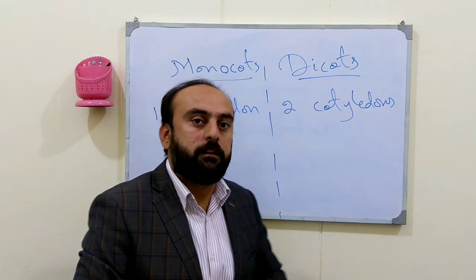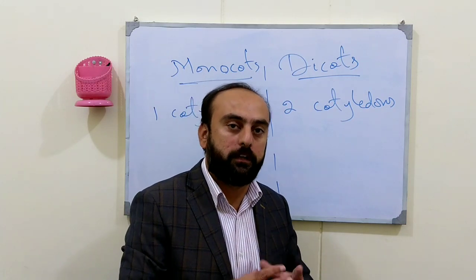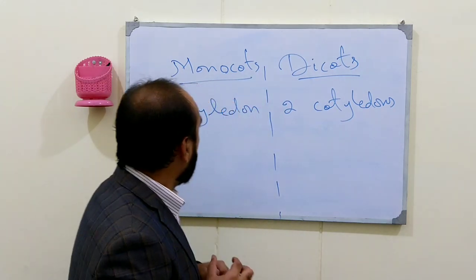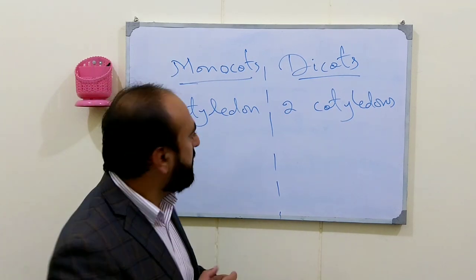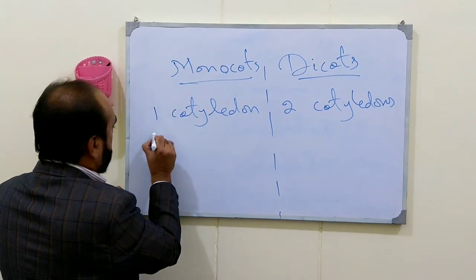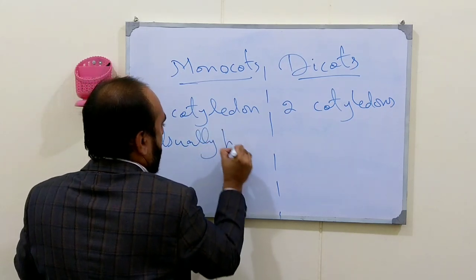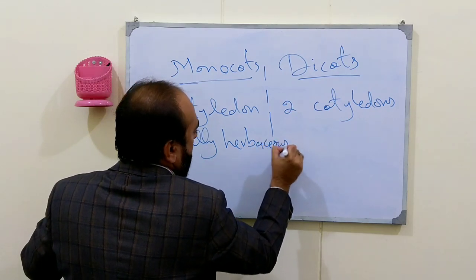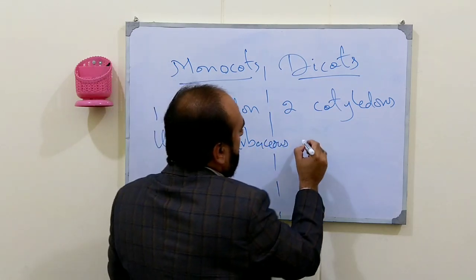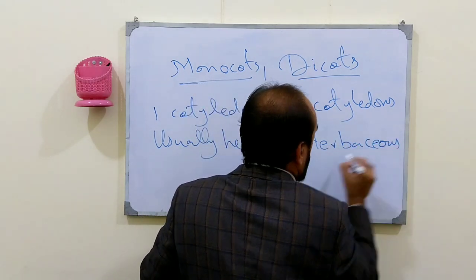Cotyledons are the first leaves developed from the seed, or they are the embryonic leaves. The monocot plants are usually herbaceous. And dicots can be herbaceous or woody.